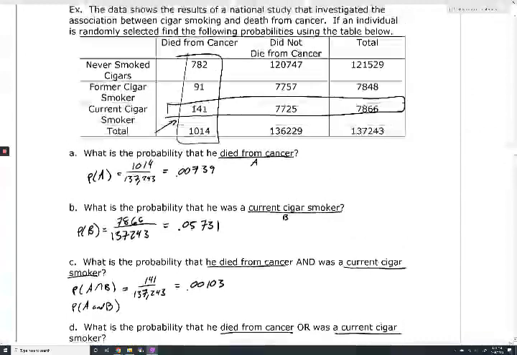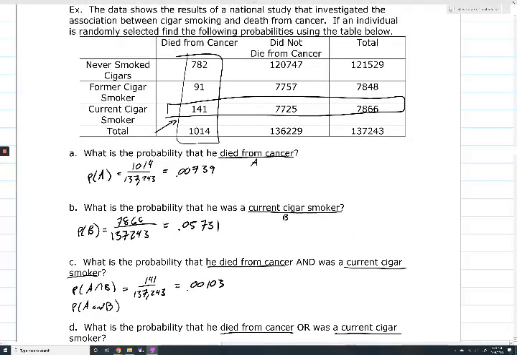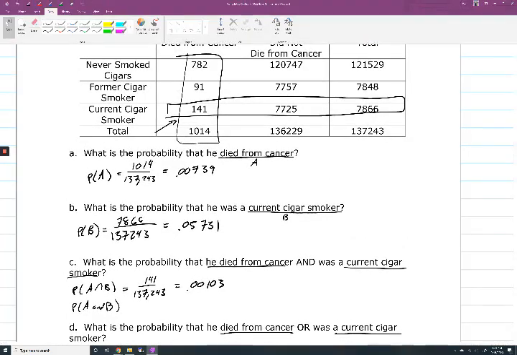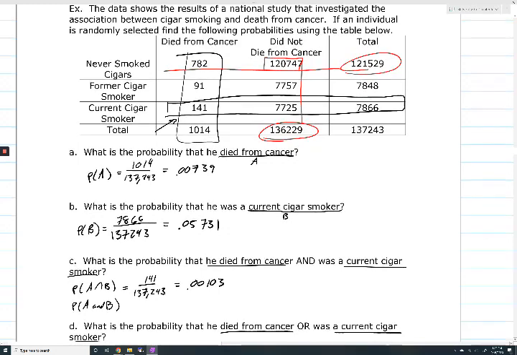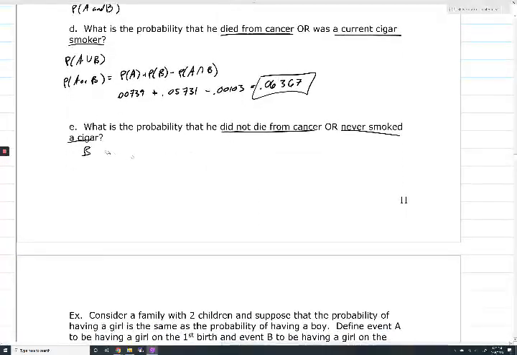So again, going up here, did not die from cancer. Never smoked. And then the overlap is that square there.